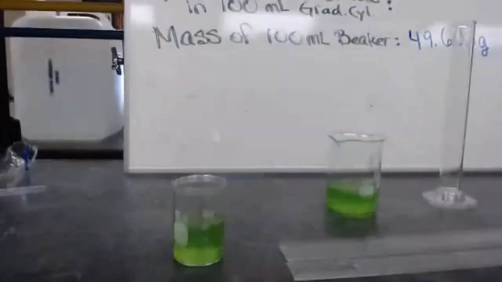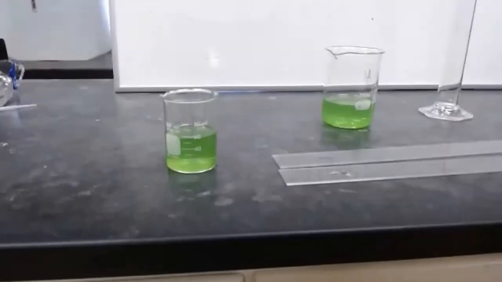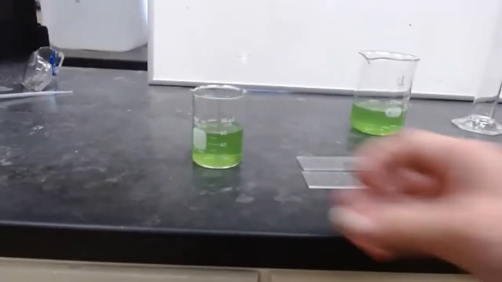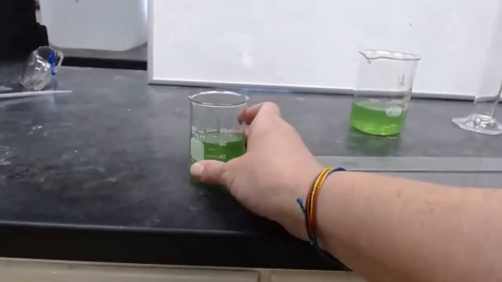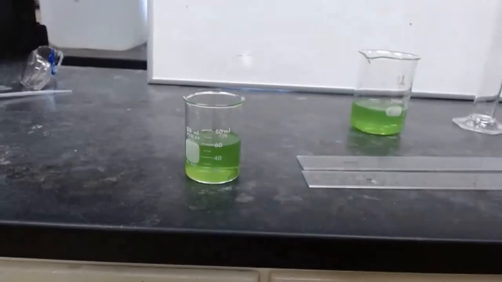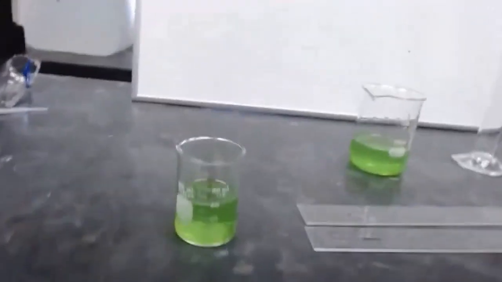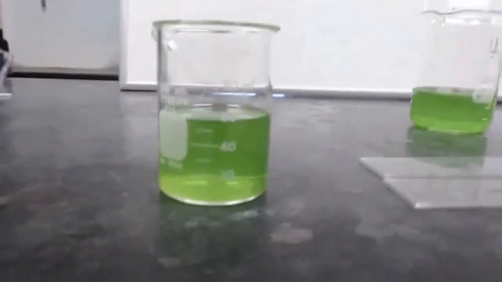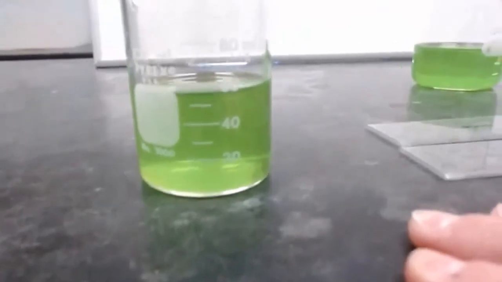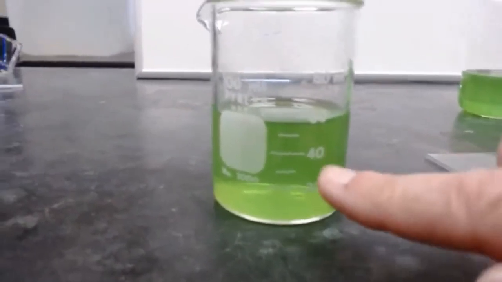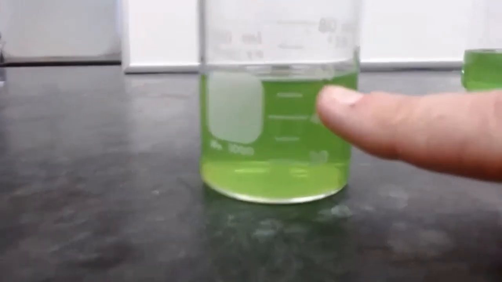So you want to set it down so that you can get eye level when you're trying to record a volume. So here is the solution of Gatorade. And if you notice, you will see that there's a 40 and a 60, and in between it, there's a line.